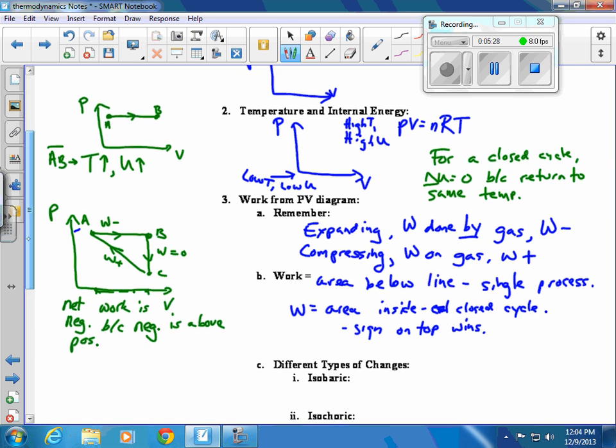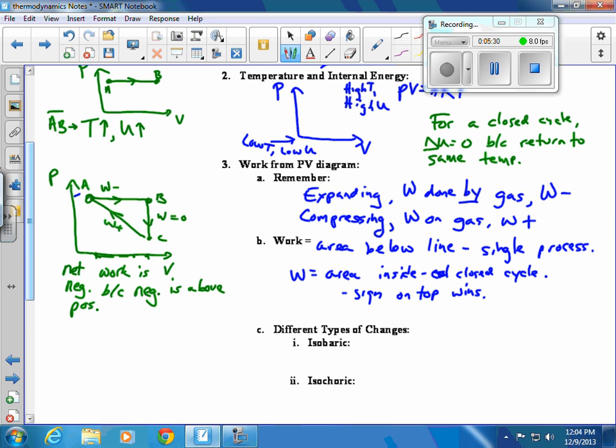So looking at this diagram, if I start at A, it doesn't matter how I get there, if I end up back at A, I end up at the same temperature, so the overall delta U is 0. Each piece, AB has a delta U, BC has a delta U, CA has a delta U, but the net for the entire cycle would be 0.